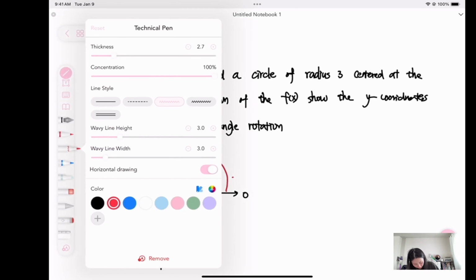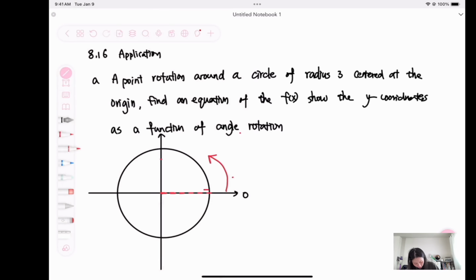I don't know why they won't let me draw this. Huh, that's weird. Okay, let's do this one then. And they want you to represent it as a function.